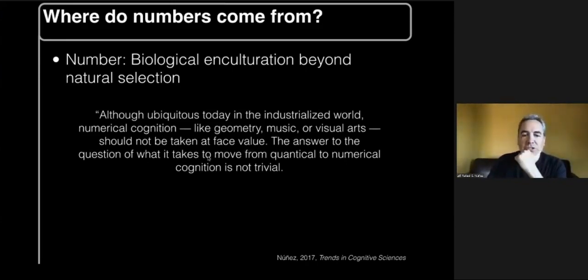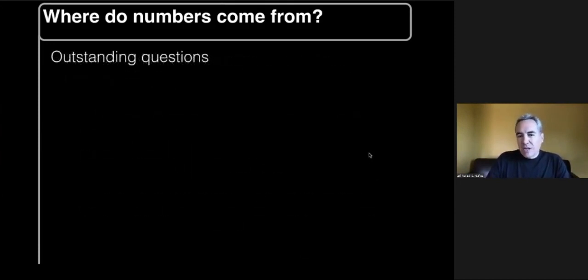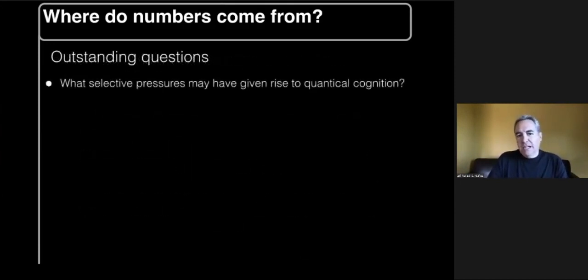The answer to the question of what it takes to move from quantical, biologically endowed cognition to numerical cognition is actually not trivial. Indeed, only some humans, in the right social and historic context and after tens of thousands of years, have made that leap. So we have many questions left. What selective pressures may have given rise to quantical cognition?